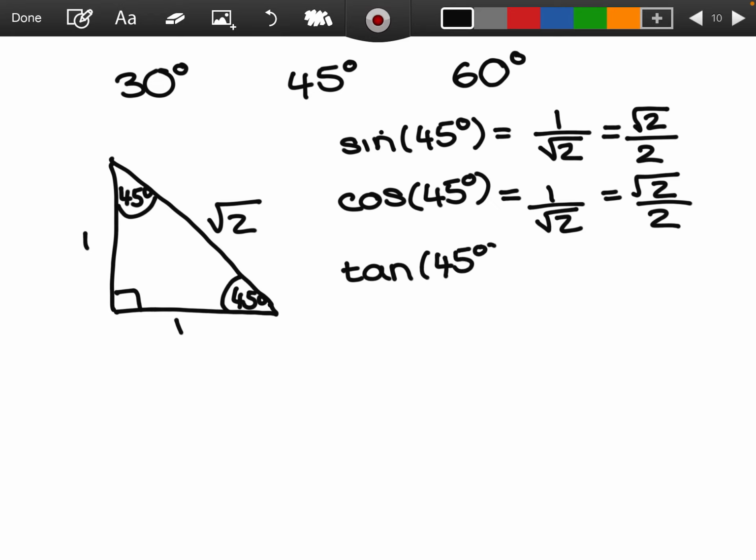Tan of 45 degrees, remember that that is opposite divided by adjacent, is just 1. So whenever you do anything involving 45-degree angles, sine and cosine are the same thing. They're always the square root of 2 over 2. You can check that on a calculator if you want. Tan of 45 degrees is always equal to 1.